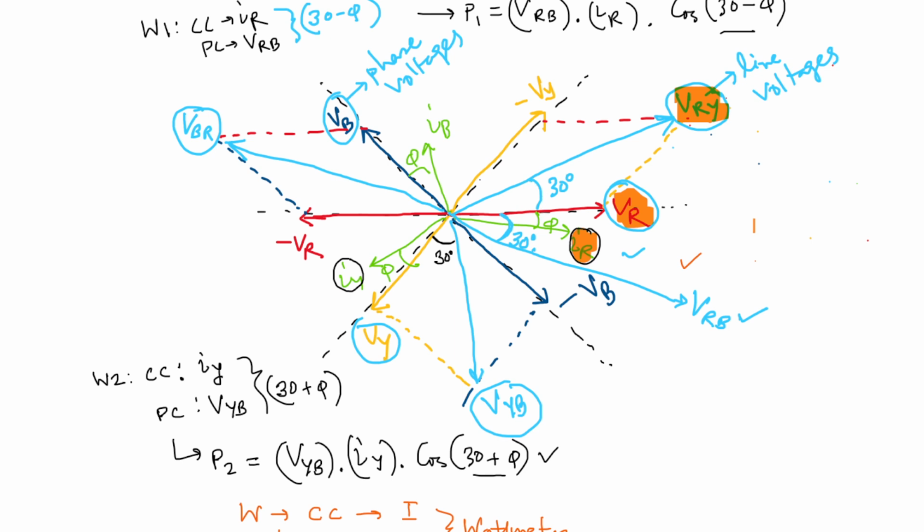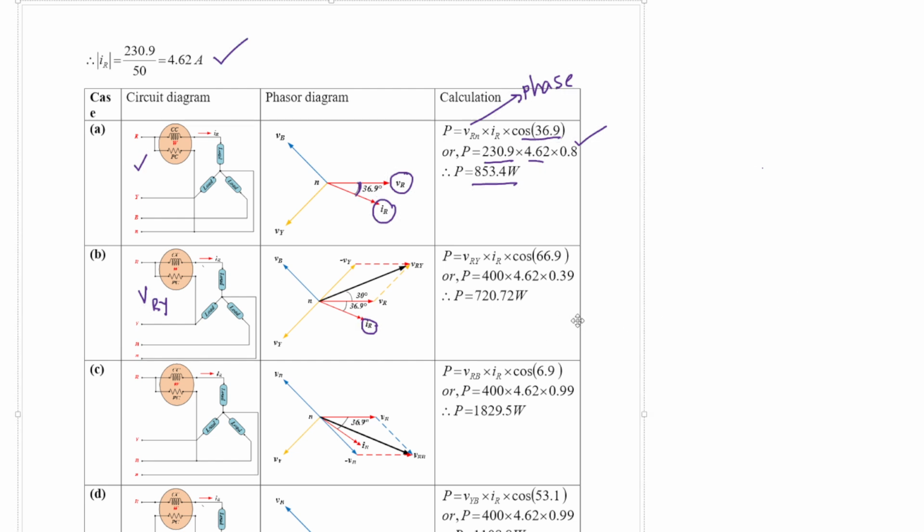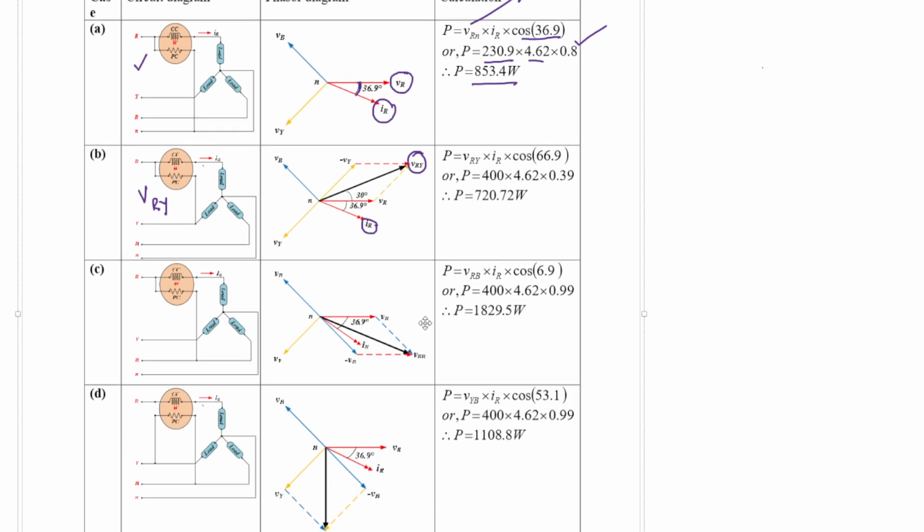So we have seen this phasor diagram. This is VRY and this is IR, and the angle between them is 30 plus 36.9.